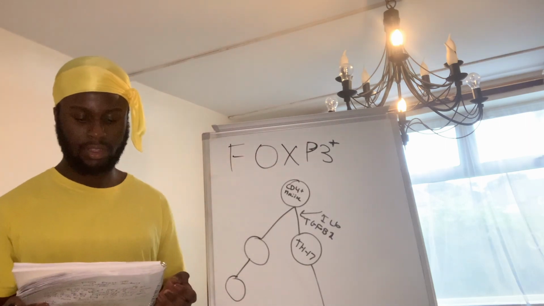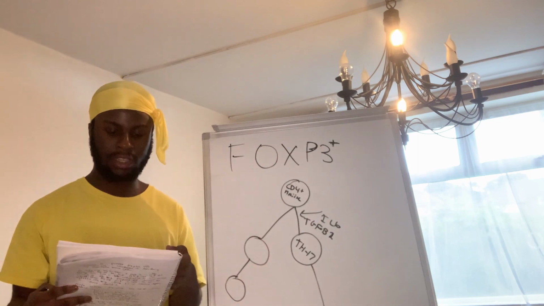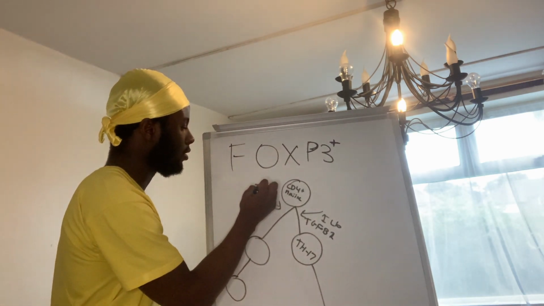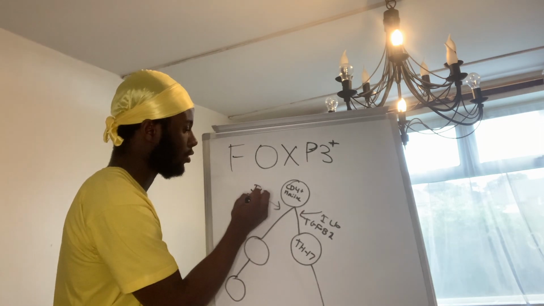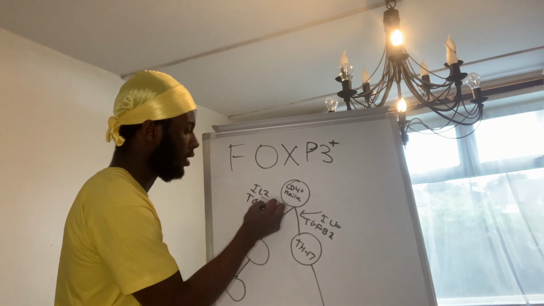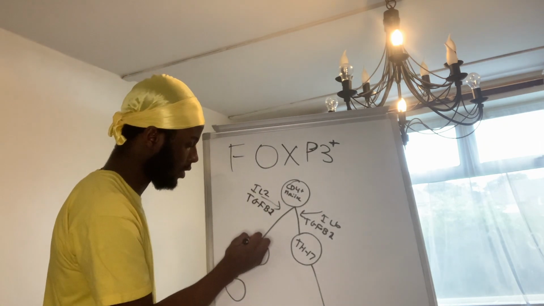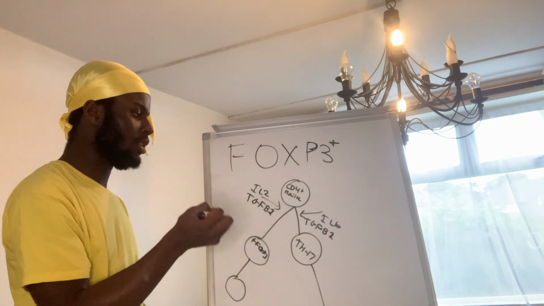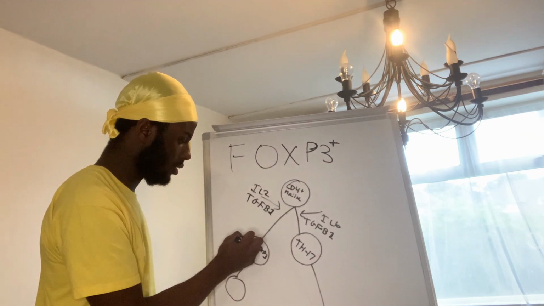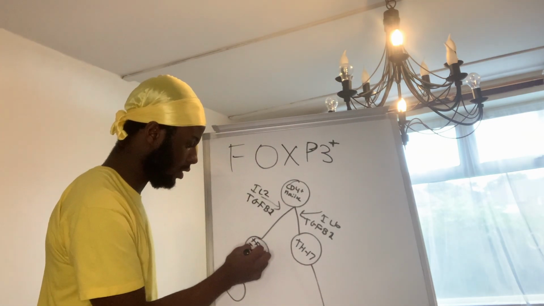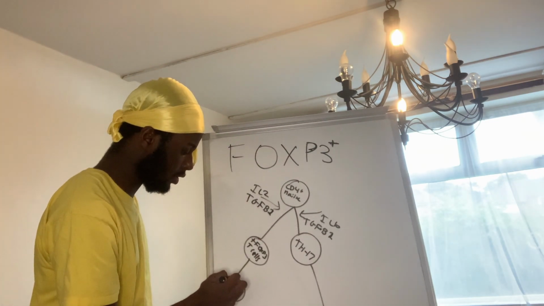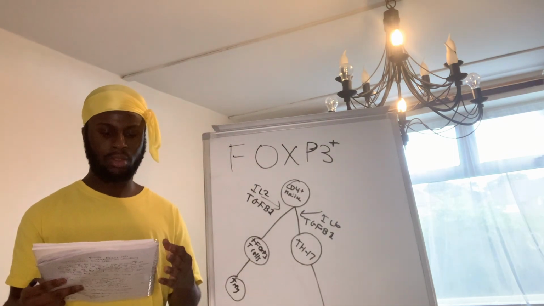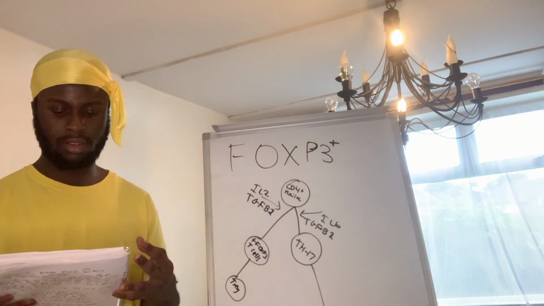Even though interleukin 2 is actually advantageous, because interleukin 2 leads to an increase in foxp3 T cells, which lead to T regulatory cells being created, the interleukin 17 is stronger.